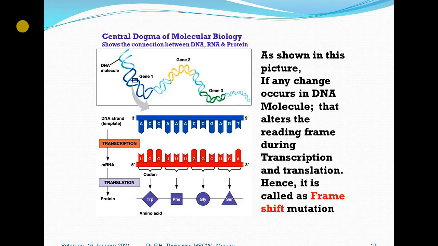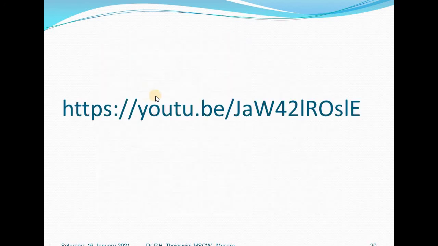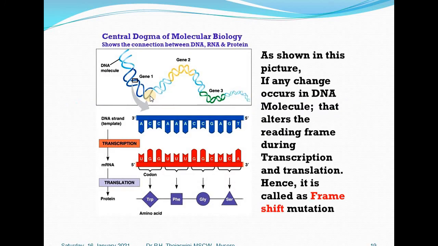Generally, what exactly happens is, as shown in the picture, this is the DNA molecule and this is gene 1, this is gene 2 and this is gene 3. So gene 1, if it is expressing, has this particular sequence.